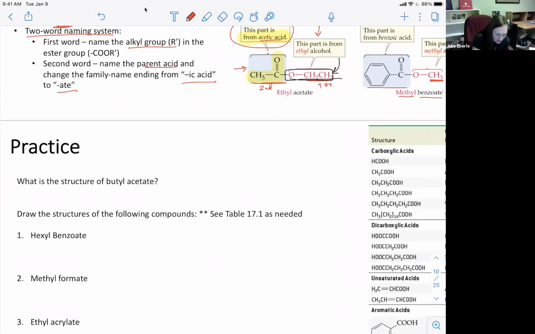So you should have the acetate part, the CH3, C, and then, oh, there's the ester, the carbon, oxygen, and then to another carbon, but instead of an ethyl group, you should have a butyl group. We know butyl is 4 carbons long. Okay, so here is my butyl group. So this is butyl acetate.